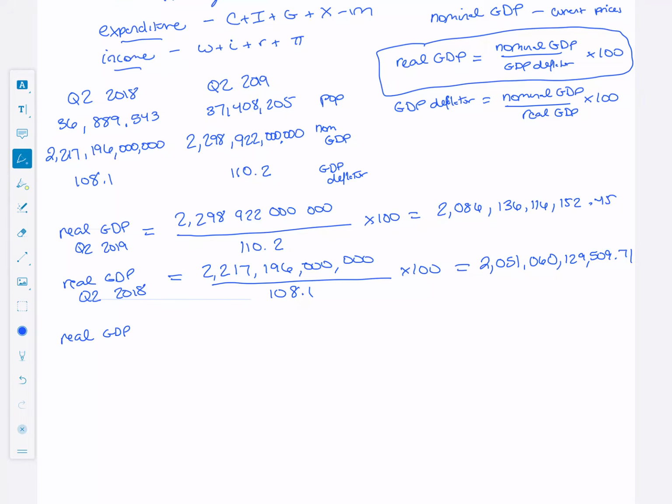So real GDP per capita for the second quarter of 2019 is going to be our 2,086,136,116,152.45 divided by our population. And our population is 37,408,205. Okay, so we'll type that into our calculator.